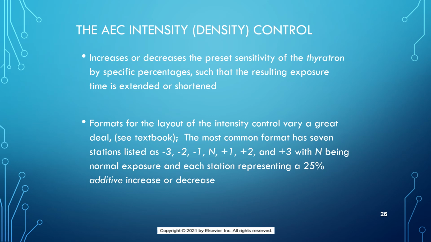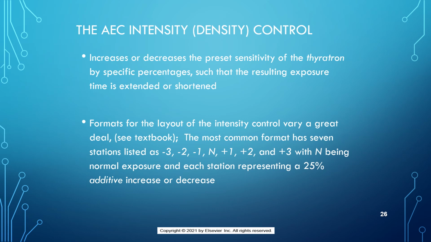So what did the density buttons do? Well, like I explained before, the density buttons change the sensitivity of the ion chamber, so it's easier to achieve threshold ionization, that would be the negative numbers, and therefore your exposure is going to trip earlier, or it's harder to reach threshold ionization, and then the exposure is going to run longer.